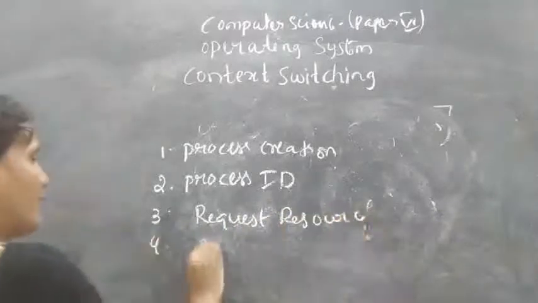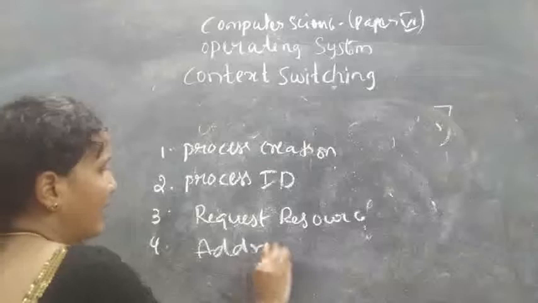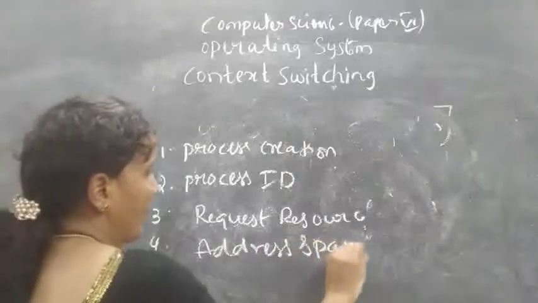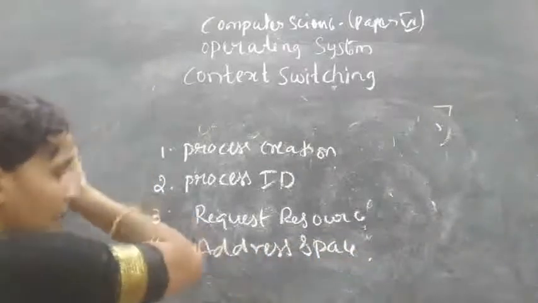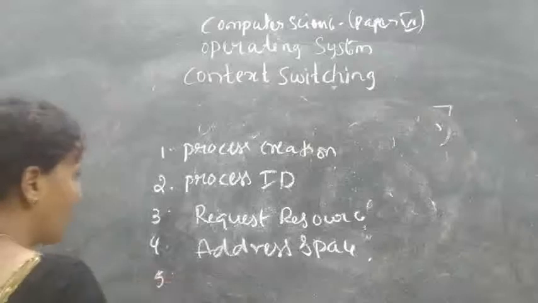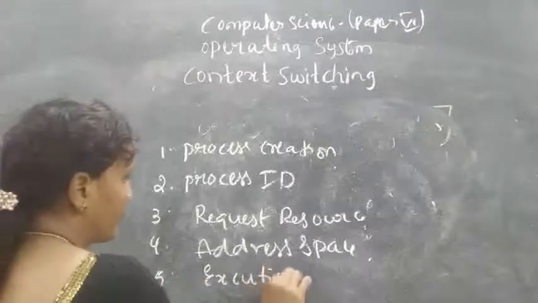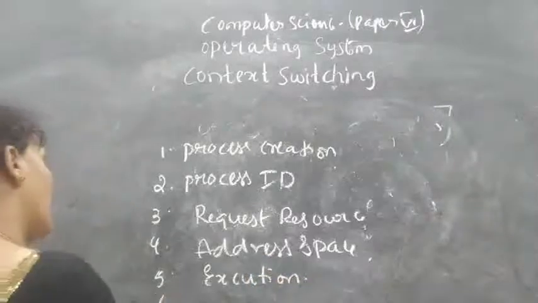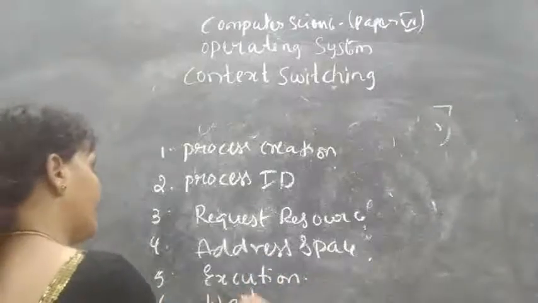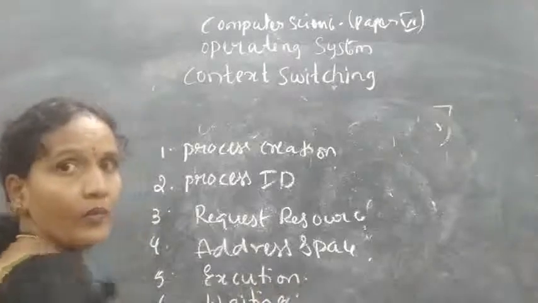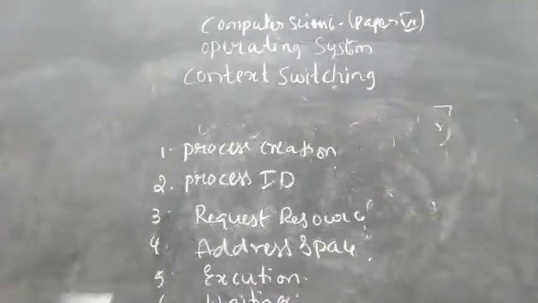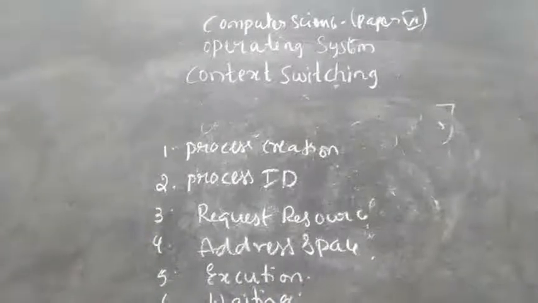The fourth one is address space. The fifth one is execution. And the sixth one is wait. Can you see this? Once you go through this.